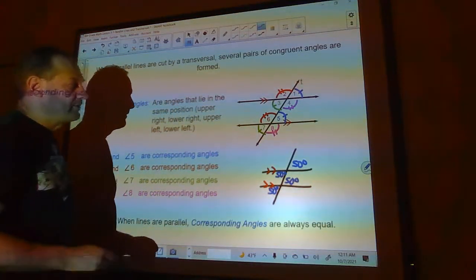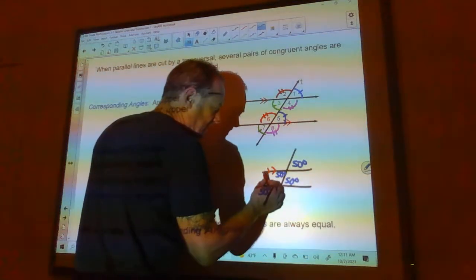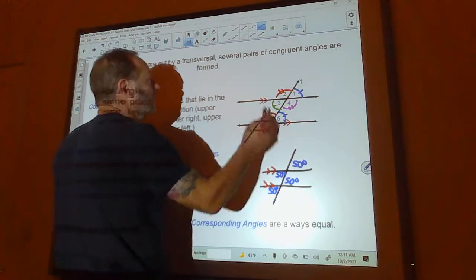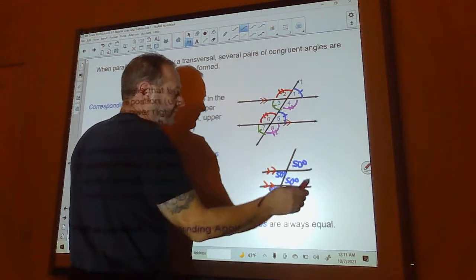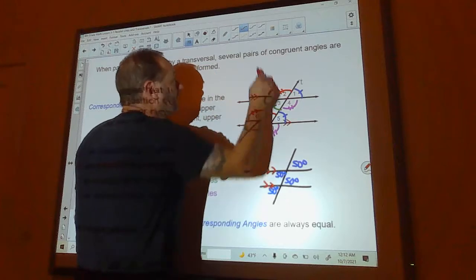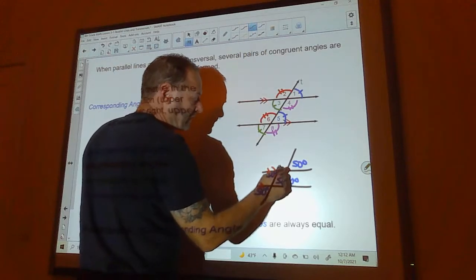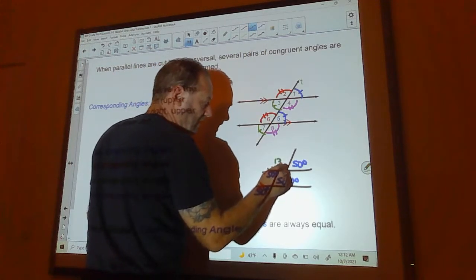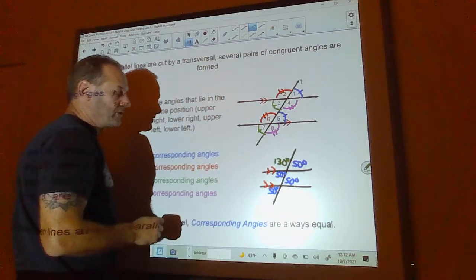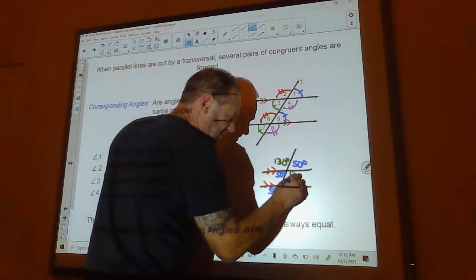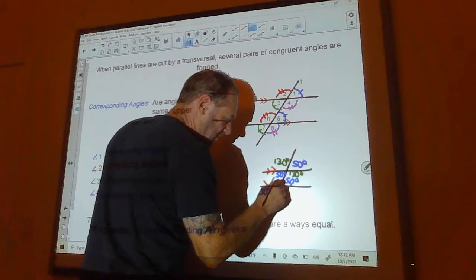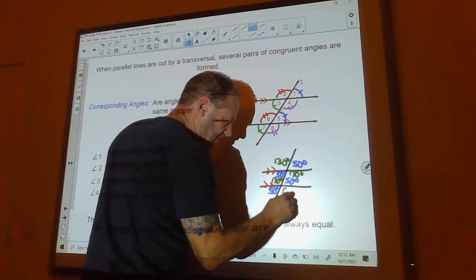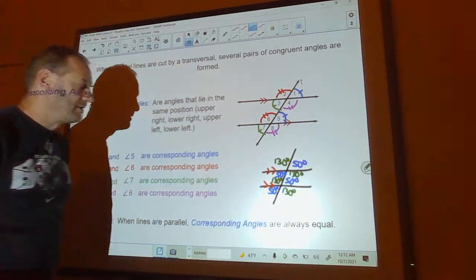Okay? All the other angles, since this line is a straight line, any 2 angles like these two that are side by side add up to 180, so I know that's 130 degrees, which means this is 130 degrees, this is 130 degrees, and this is 130 degrees.